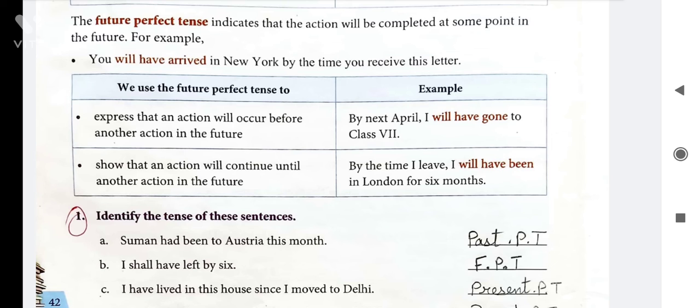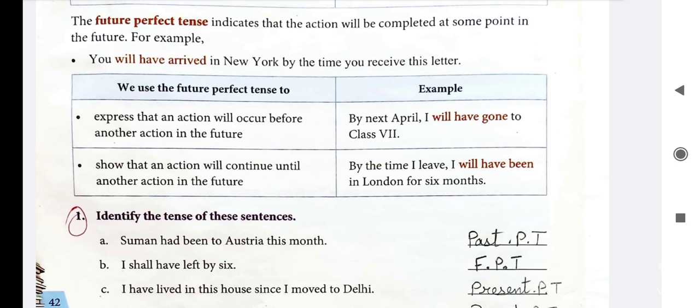For example, you will have arrived. See, arrived, ed, past participle of the particular verb, in New York by the time you receive this letter. You will have arrived in New York by the time you receive this letter.